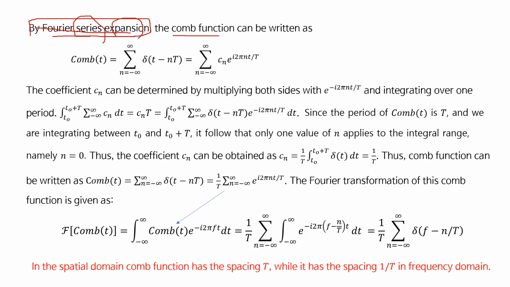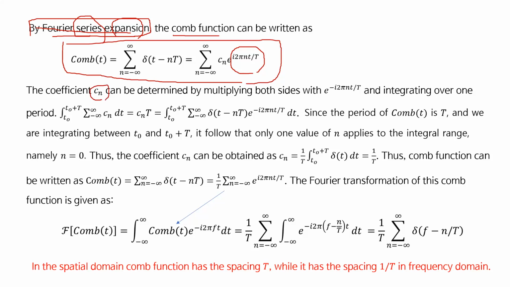The comb function can be written in this exponential form. The coefficient Cn can be determined by multiplying both sides with this exponential function and integrating over one period.